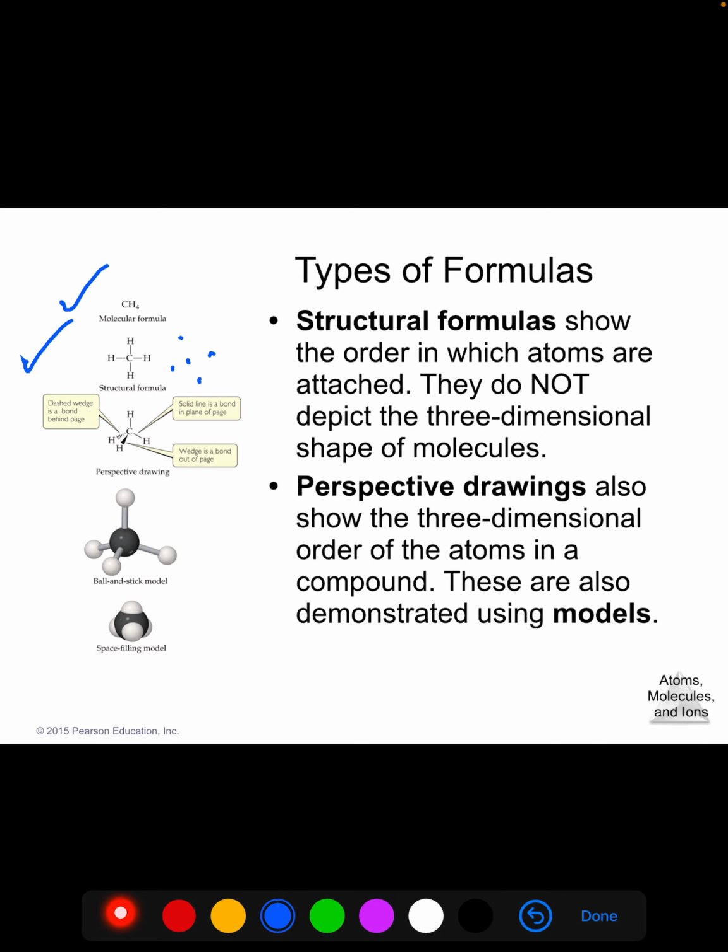And yet that's not very accurate. It's a flat, planar arrangement of atoms, and they don't exist in a flat, planar form. They have a three-dimensional shape.